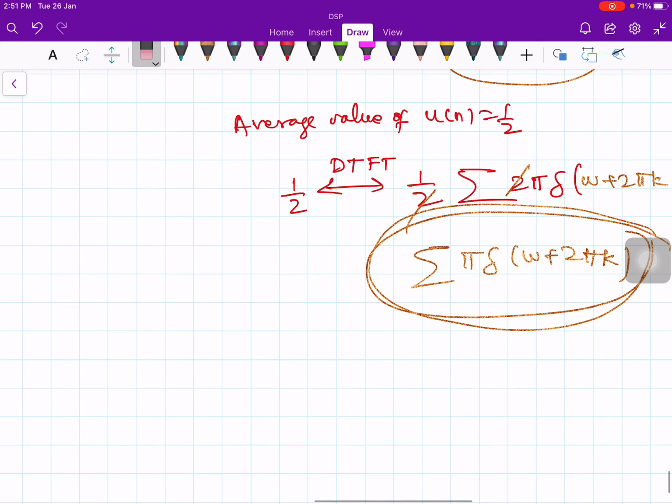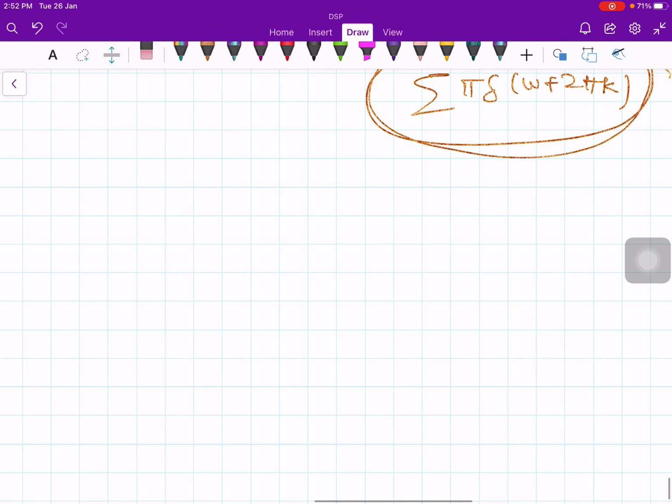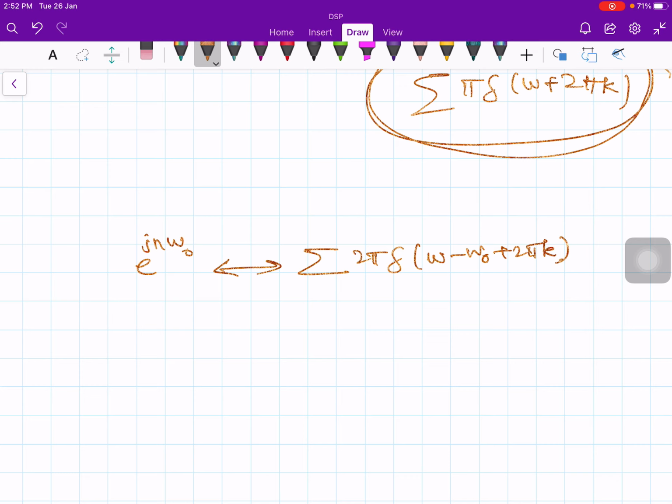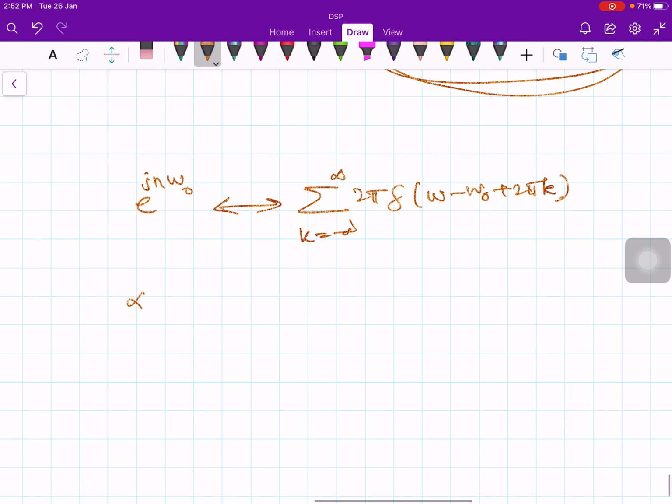In a similar manner, we can continue this table. e to the j n omega naught has discrete time Fourier transform 2 pi delta of omega minus omega naught plus 2 pi k, k equal to minus infinity to plus infinity. Then alpha to the n u of n has the Fourier transform 1 divided by 1 minus alpha e to the minus j omega, mod of alpha less than 1.